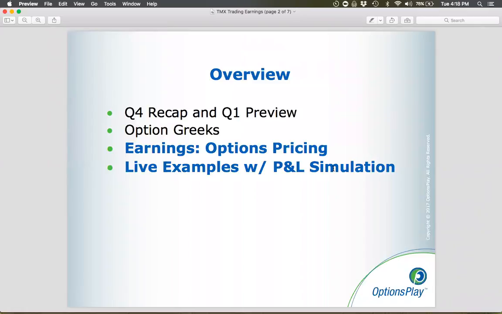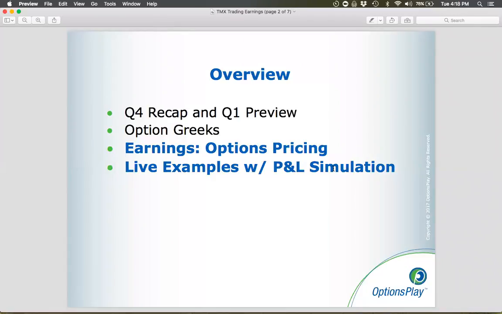I'll talk a little bit about how option pricing will change around earnings. Extremely important to understand if you want to take advantage of these large binary events that generally give you large moves in one direction or another.